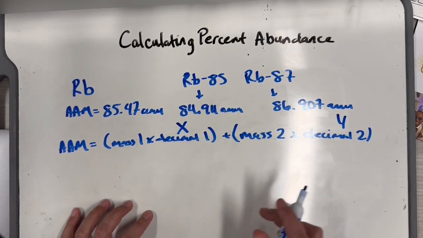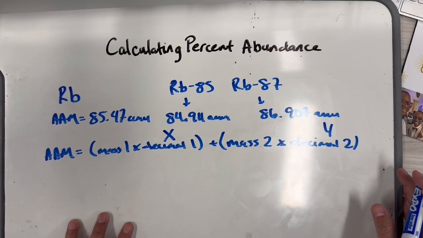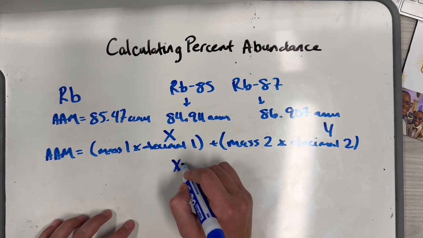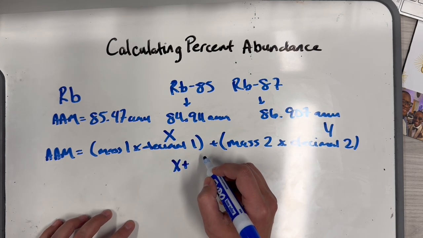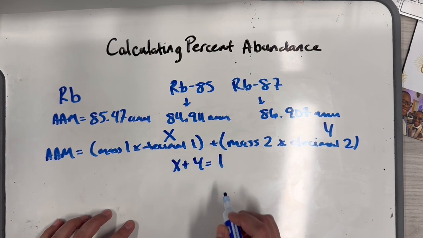And what we have to know about these two things, decimal 1 and decimal 2, is that they add up to 1. Because the percentages have to add up to 100%, but the decimals have to add up to 1.